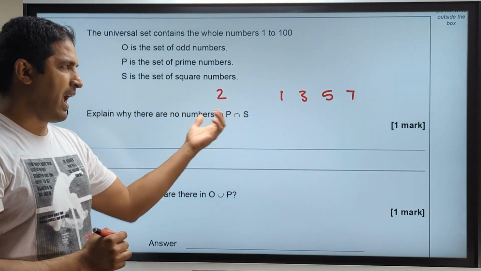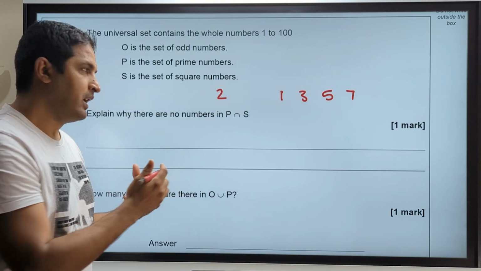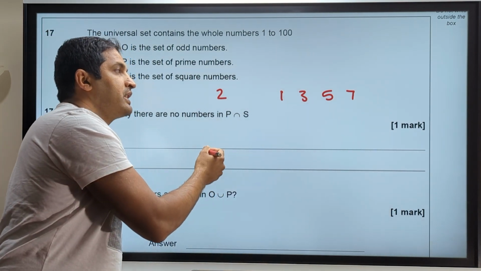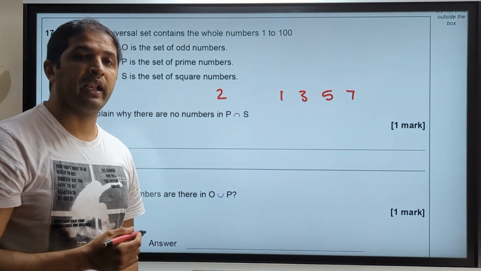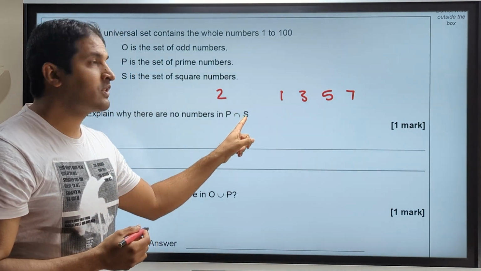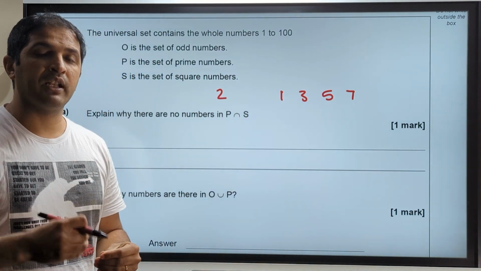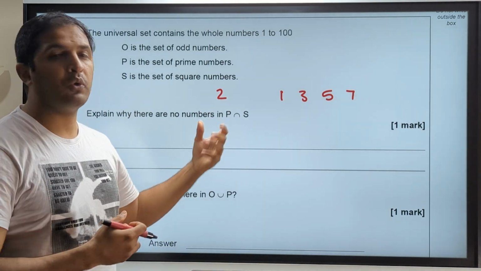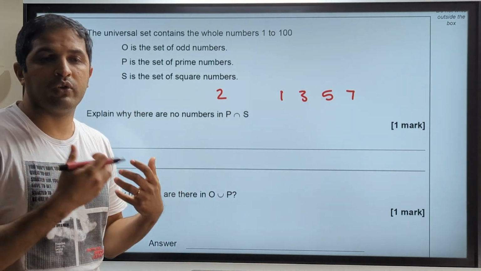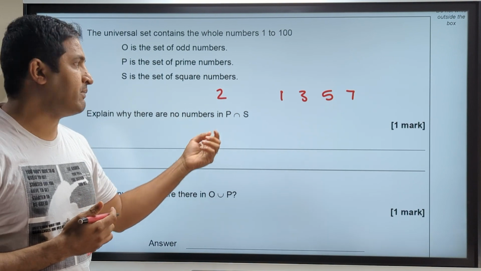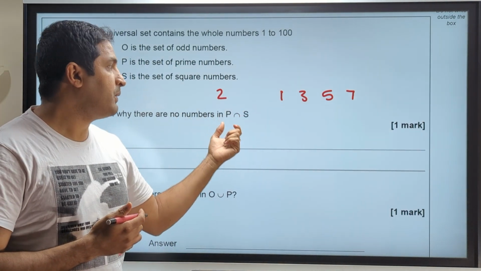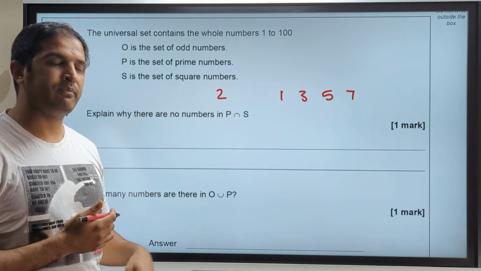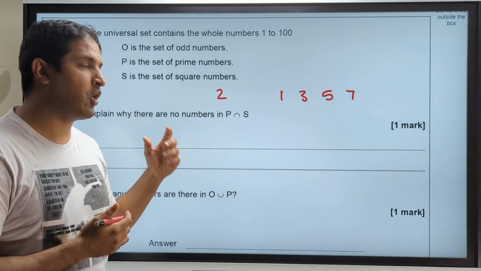A prime number has only two factors, one and itself. The square number means the number multiplied by itself always gives you that, so you always get one more factor than you should to make it prime. The only one that has fewer than two factors is 1, which is not a prime number. So there won't be any overlap at all.